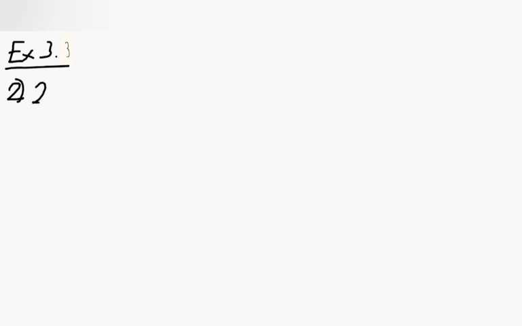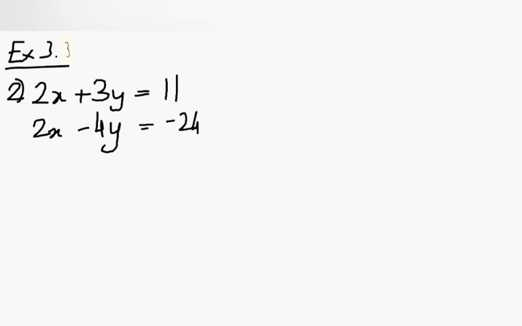We have been given 2x plus 3y is equal to 11 and 2x minus 4y is equal to minus 24. So we have two equations here. Now we will take the first equation.